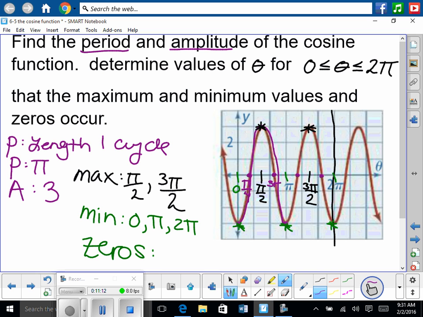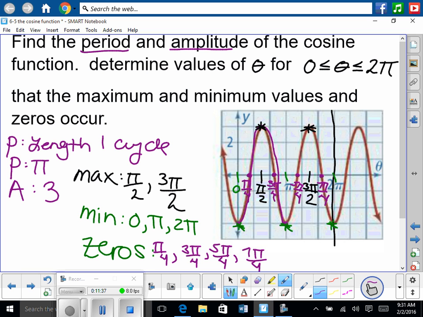This is 3 pi fourths. This is 4 pi fourths. This will be 5 pi fourths. And this is 6 pi fourths, right? 7 pi fourths. And then once again, the end is 8 pi fourths, that is 2 pi. So our zeros happen at pi fourths, 3 pi fourths, 5 pi fourths, and 7 pi fourths.